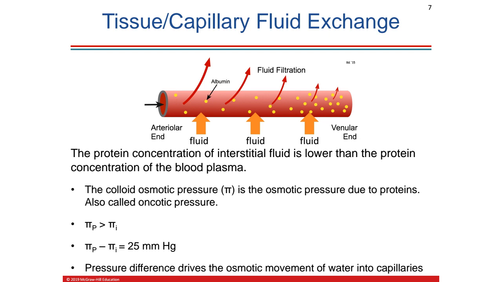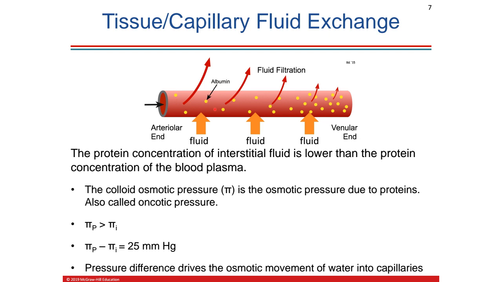There are some proteins in the interstitial fluid, but the amount is much less, because proteins simply don't pass through the capillary into the interstitial fluid. If you look at the concentrations of solutes like sodium and chloride, they're very similar between the blood plasma and the interstitial fluid, but the protein concentration is much, much lower in the interstitial fluid. And that's illustrated in this picture here.